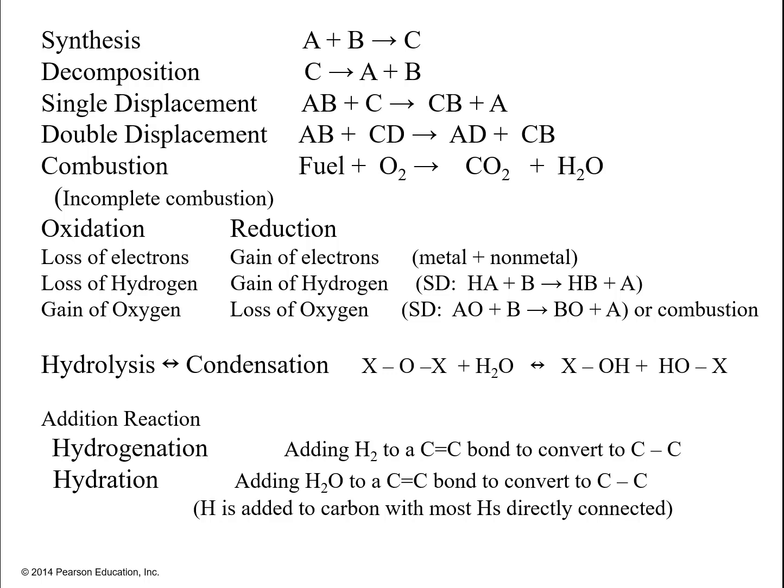Then combustion, and then also remember what incomplete combustion is. And then the characteristics of oxidation and reduction. And then we did the 4 reactions: hydrolysis and condensation, hydrogenation and hydration. Okay, so these are really the main things we talked about, as well as that very first part about why do reactions happen and how do you speed up the rate of reactions. Those were the other things in this chapter that we covered.